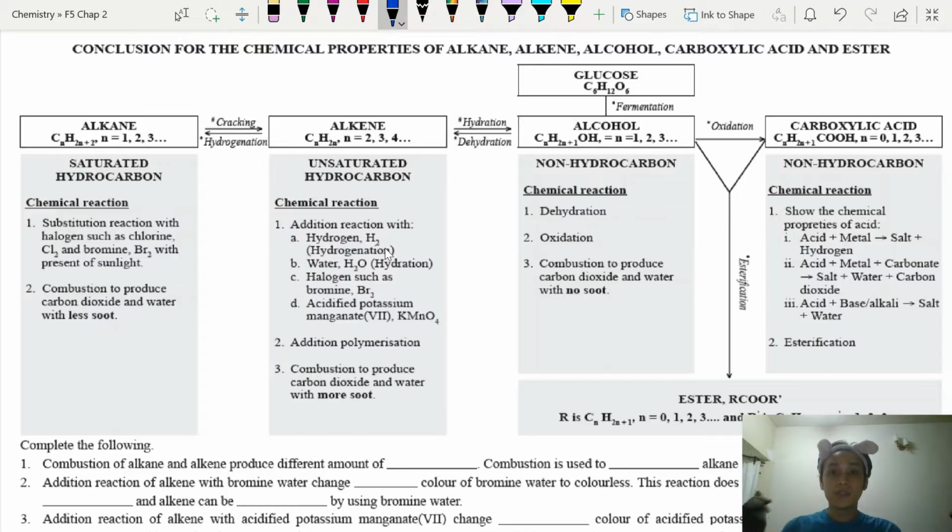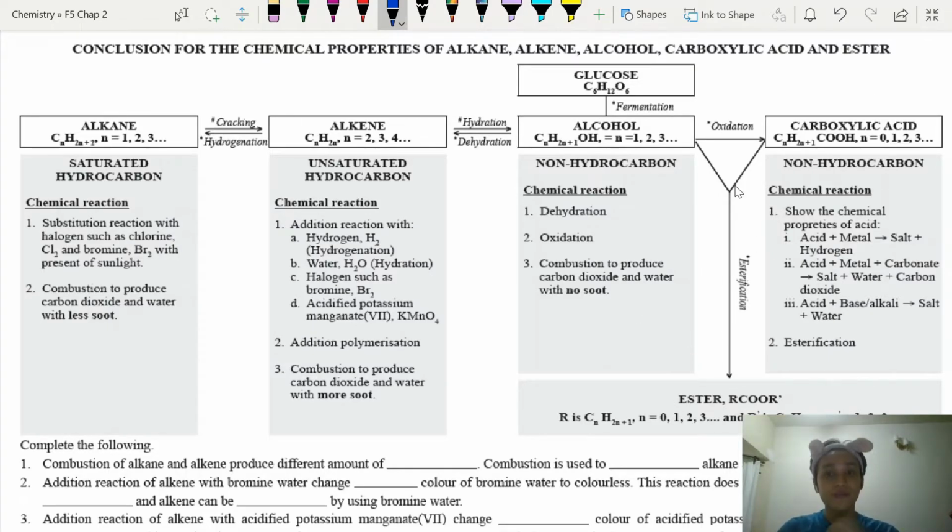Basically you're linking everything that you have learned, so it's very important that you are very sure of all the chemical reactions. At this part here, they've already summarized the chemical reactions for each homologous series. When we say homologous series, we are referring to the names here: alkene, alcohol, carboxylic acid, esters.